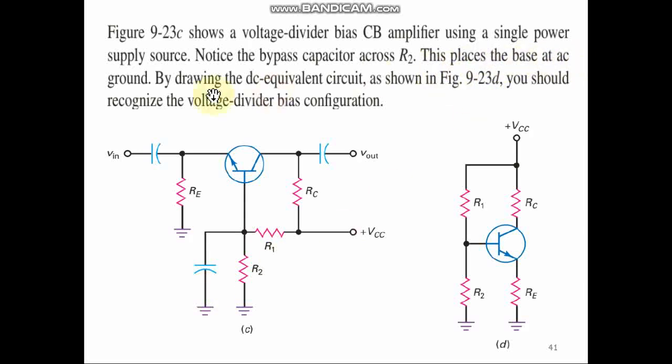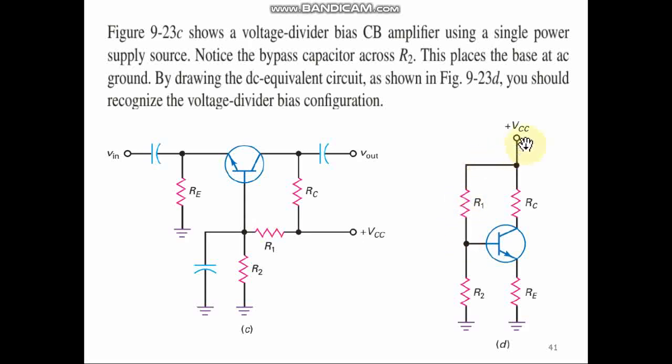This places the base at AC ground. By drawing the DC equivalent circuit, when we want to do the DC analysis, the capacitor is open, so the base is connected to R2 and ground, and to R1 and VCC.